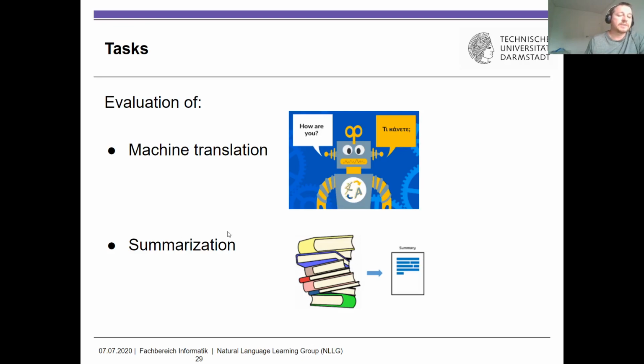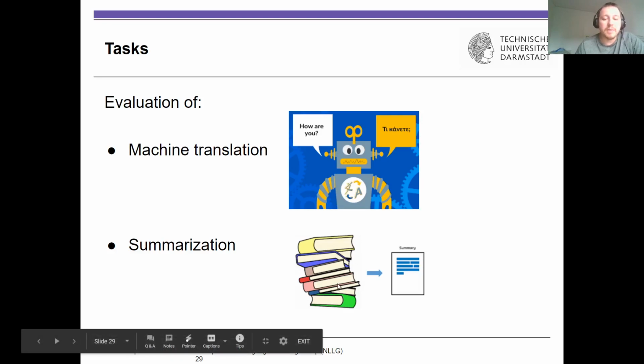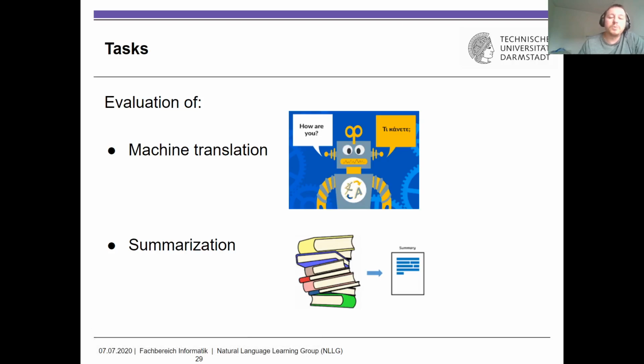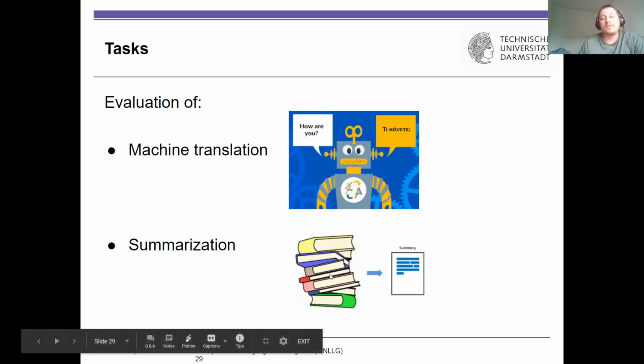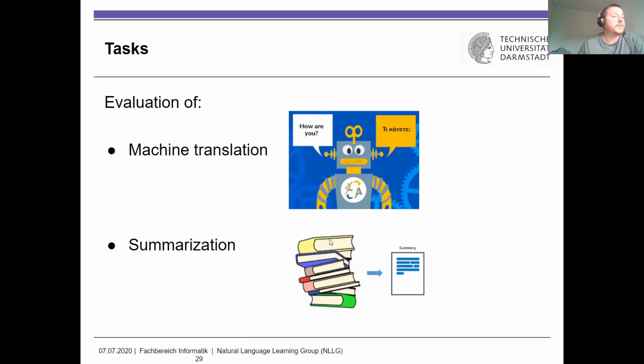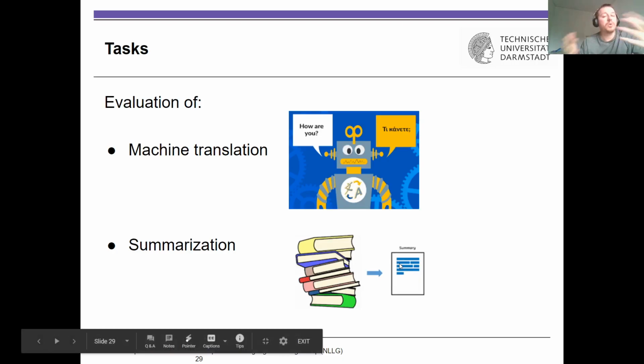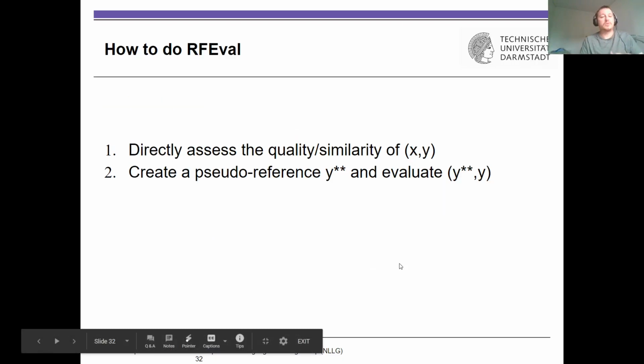And the other task that I will touch just briefly and marginally is summarization, and in particular multi-document summarization, where you have multiple documents on the same topic. So for example, they could all be on politics, and you want to summarize all of those many documents, let's say books on this topic, into one short summary. So these are the two model tasks.